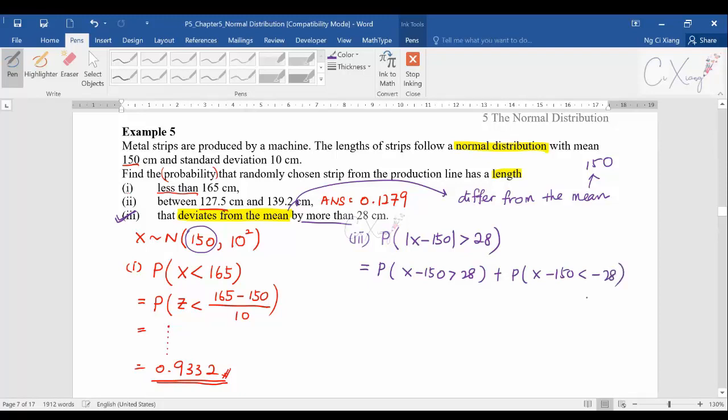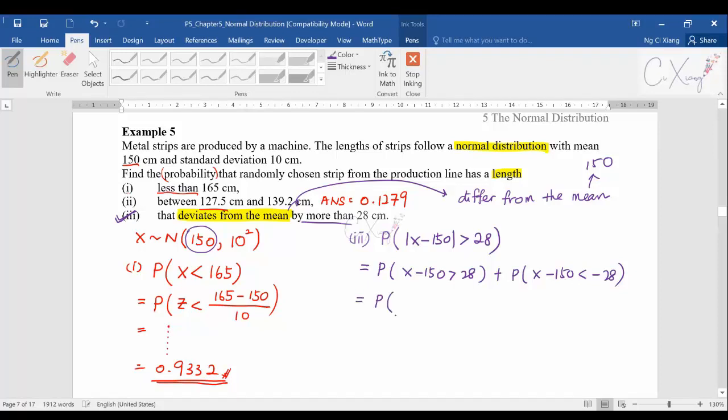If you follow the steps I showed you just now, the other way, you'll get this equation also. They are the same actually. So it depends on how you understand the question. For me, I will use modulus. For you, you can straight away write it out separately: X minus 150 more than 28, 150 minus X more than 28. If you convert it again, you'll see this one.